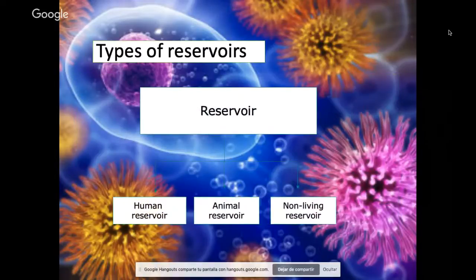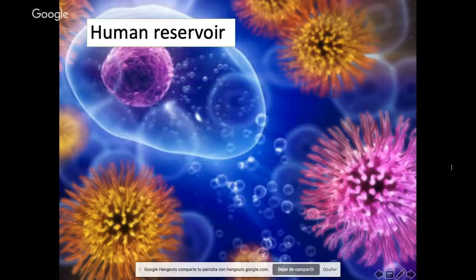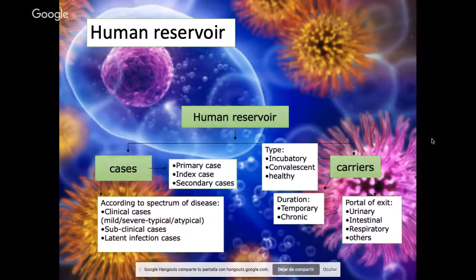We have some types of reservoir. First, human reservoir, animal, and non-living. The human reservoir, we have the cases. We have the primary or secondary cases. According to the spectrum of the disease, we have clinical cases, mild, severe, typical or atypical, subclinical cases, and latent infection.